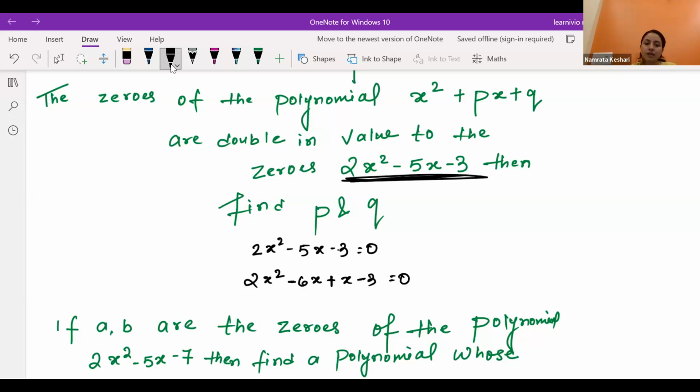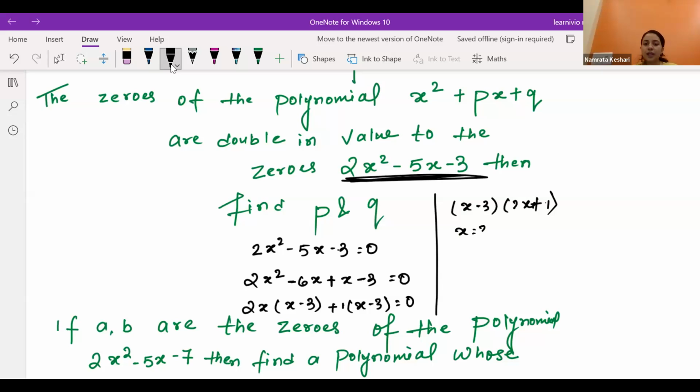So we'll have 2x common, x minus 3, plus 1 common, x minus 3. We are getting x minus 3 times 2x plus 1. From here we are getting two zeros, that is 3 and negative 1 by 2.